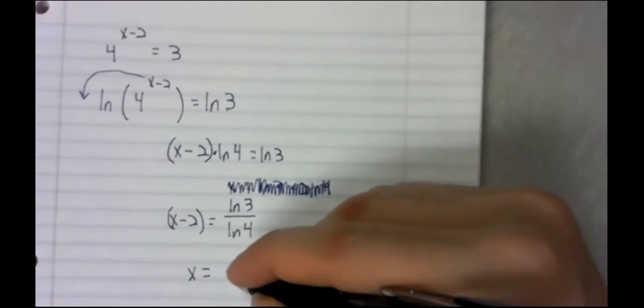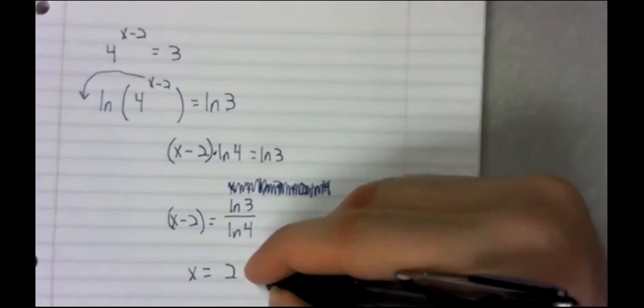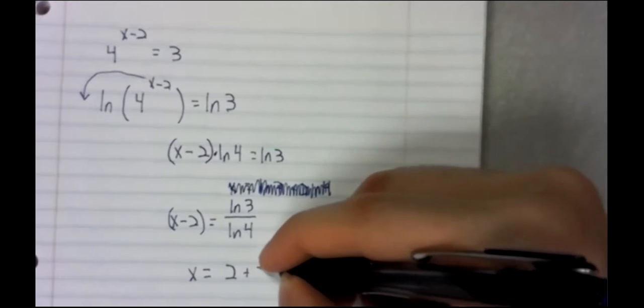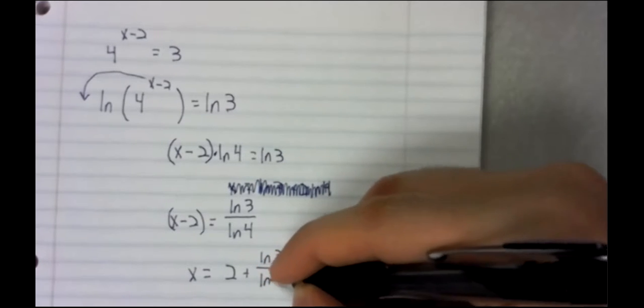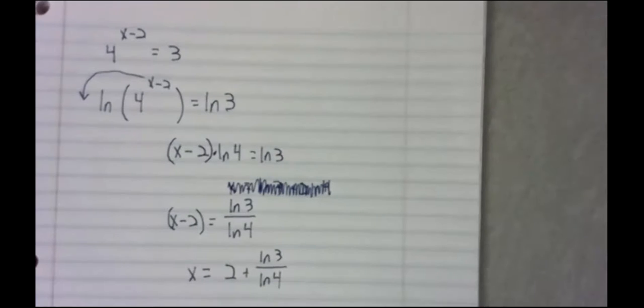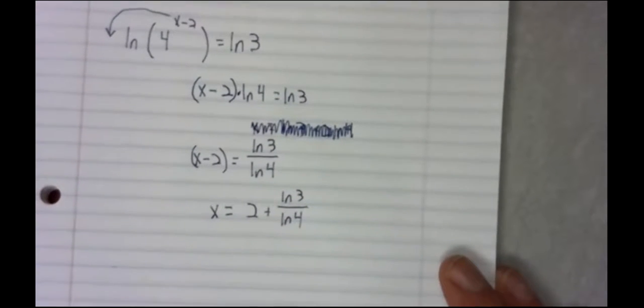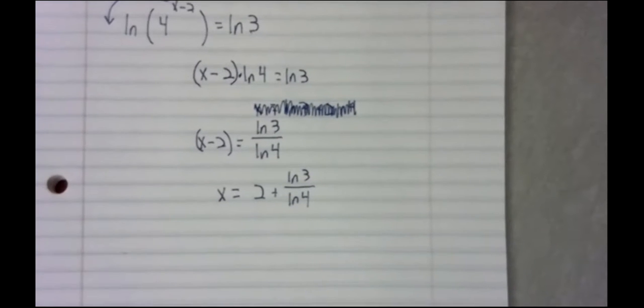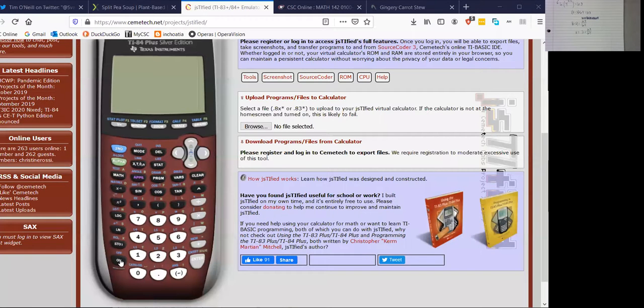X minus 2, we can add 2 to both sides of the equality. And again, we almost certainly want a decimal approximation.